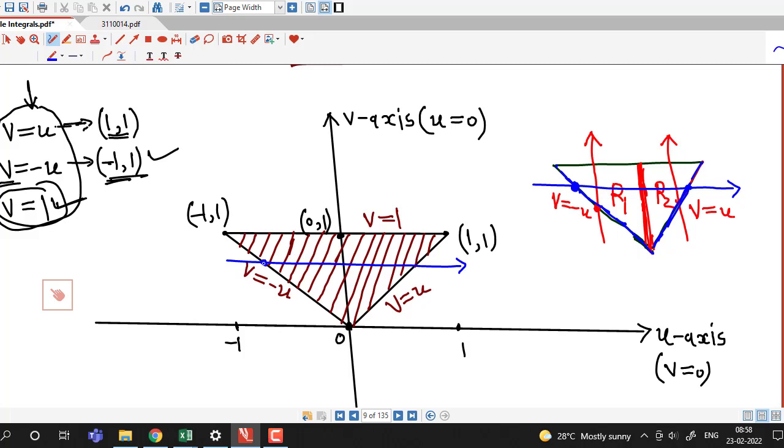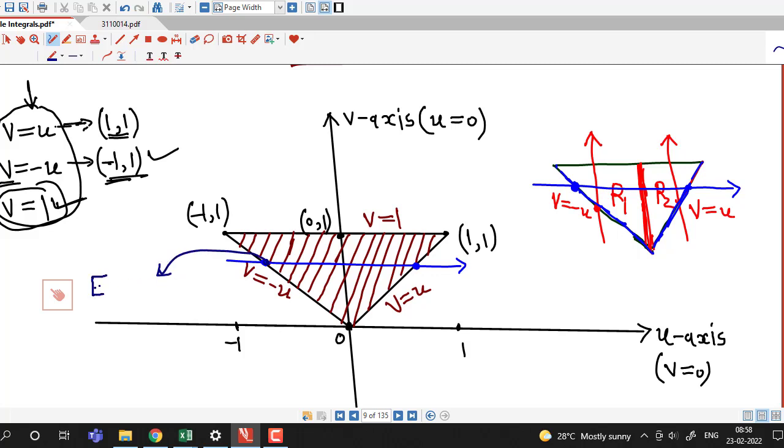Now as usual, we have to decide the points at which the line enters the region and the line is leaving the region. So here the line enters the region on the curve v equal to minus u.